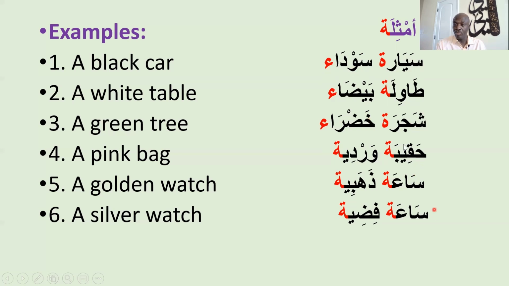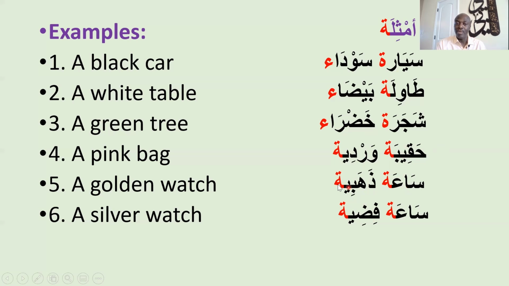Not so much into the subcolors as here. For the subcolors, we only add the ta marbuta to the feminine form to distinguish these feminine forms from the masculine forms. حقيبة وردية is a pink bag, could be a pink purse, but حقيبة is a bag. So حقيبة is feminine, and then وردية, that's the feminine form of pink.